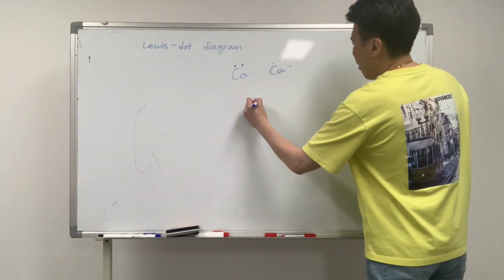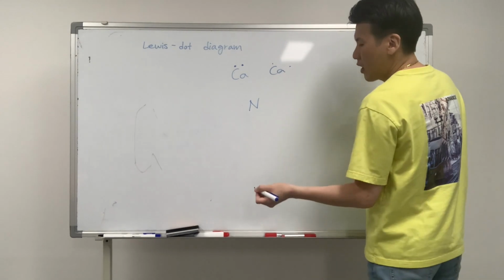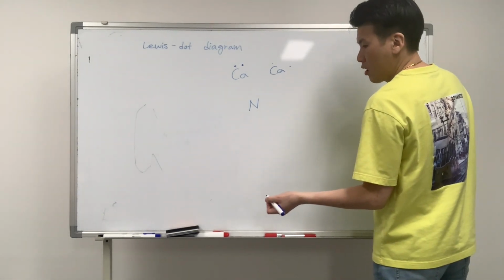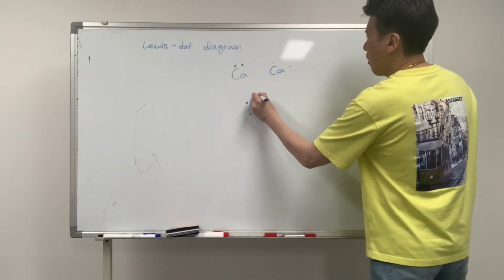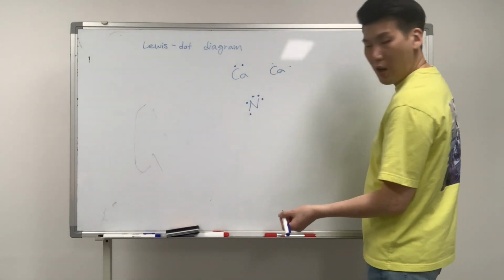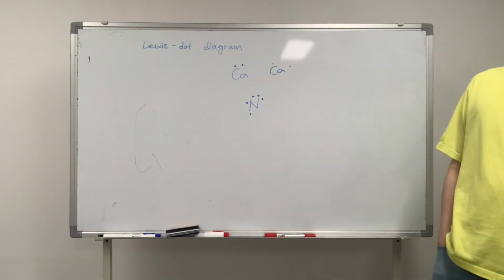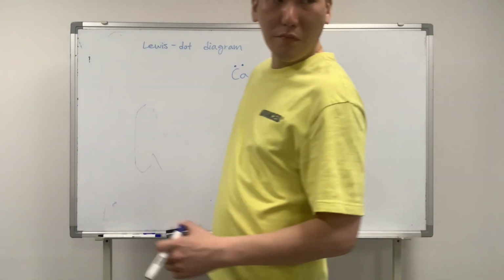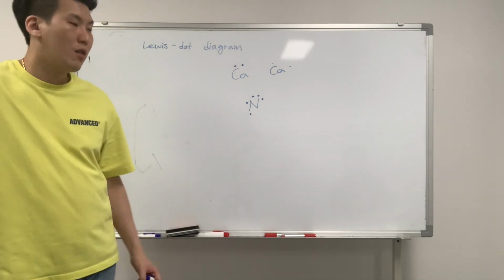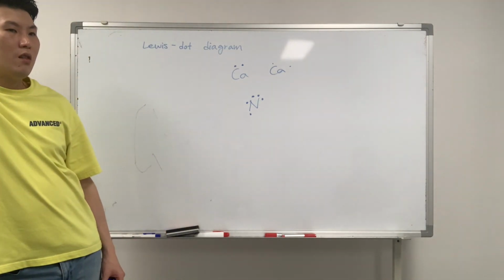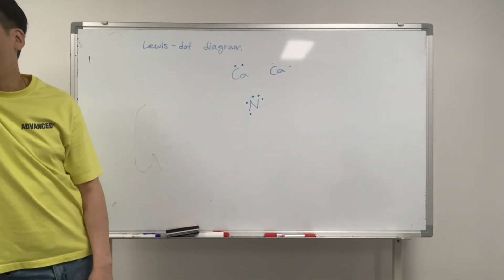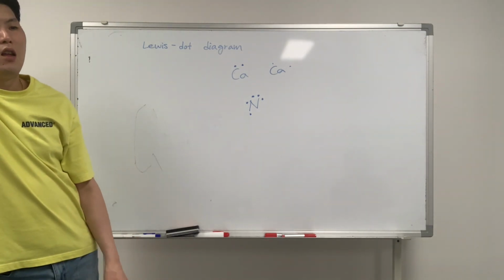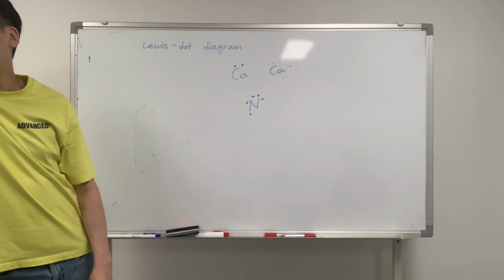And say for nitrogen, how many does it have? 5. 1, 2, 3, 4, 5. Right? Side doesn't matter again. You just draw the dots around it. Each side can hold up to 2 though. Are we clear?